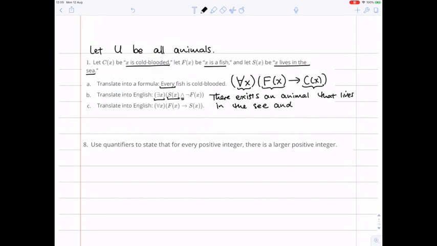And this bit says, is not a fish. So take a moment, pause the video if you need to, and translate part C.